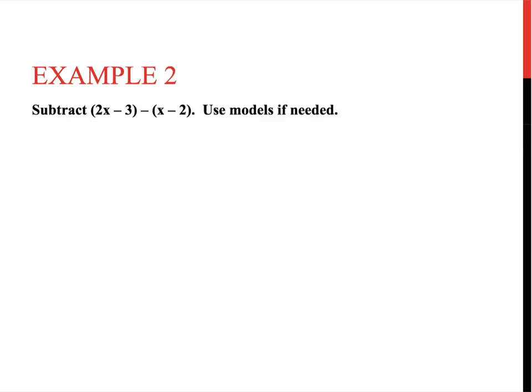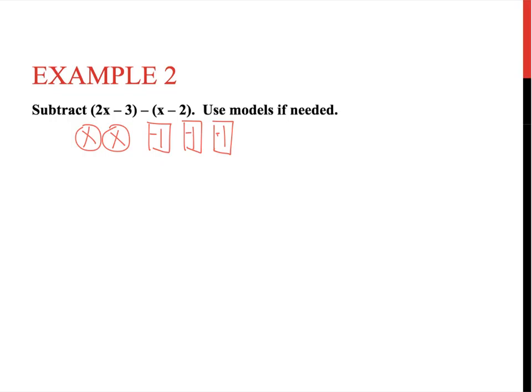Let's try another one. So here we have example 2. I'll model it, and then we'll solve it the other way. So let's start out with, we have 2x, and then minus 3, negative 1, negative 1, negative 1. That's 2x minus 3.